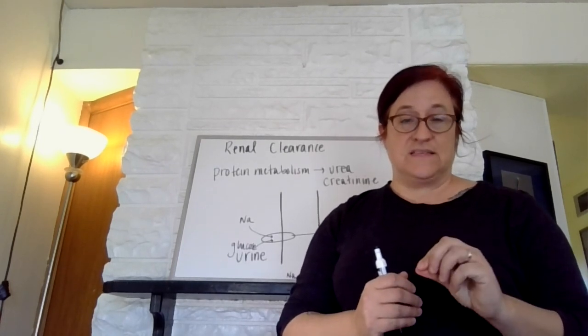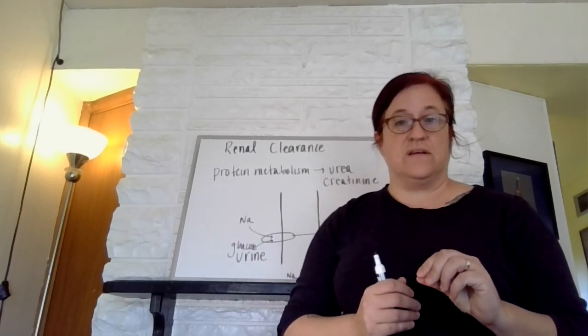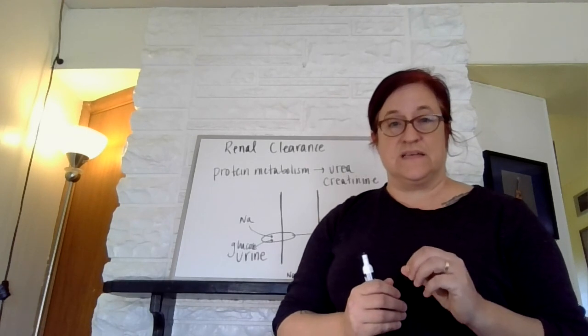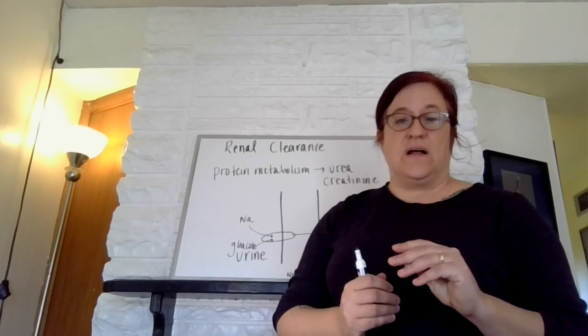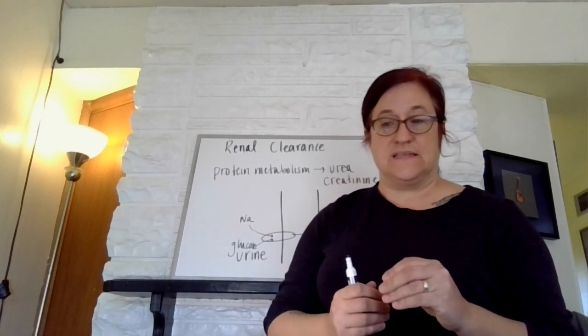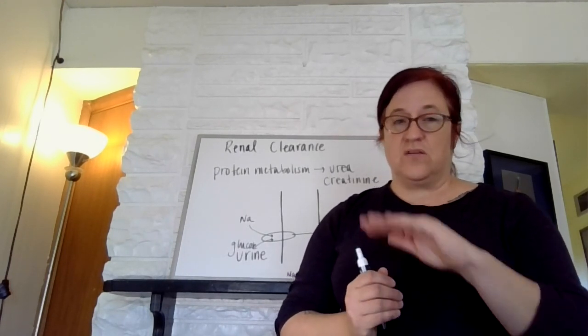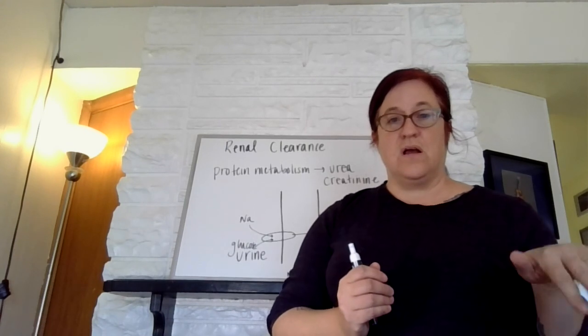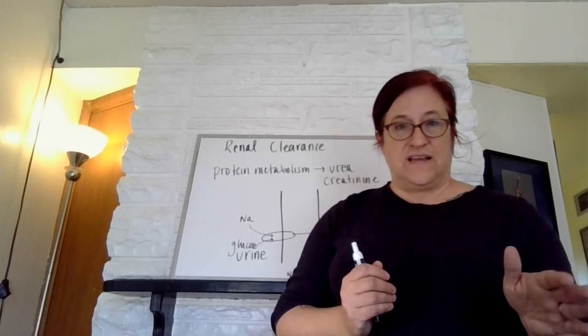Less creatinine is reabsorbed than urea, and so that's why it's a more sensitive measurement, as well as there can be elevation in urea for other reasons related to other protein problems or other breakdown of other things inside the body.